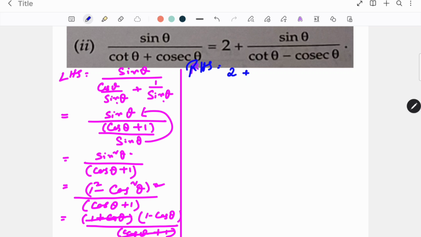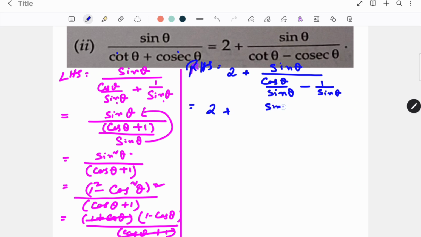After this 2, here the upper sin theta also we will keep, the down one we will split, the same as we split cot theta and cosec theta here. Cot is cos by sin and cosec means 1 by sin. In the same way we do the LCM. If we do the LCM, sin theta will be the LCM here.